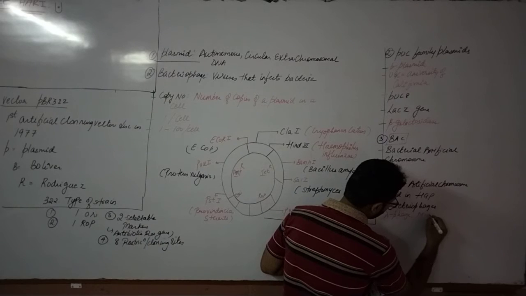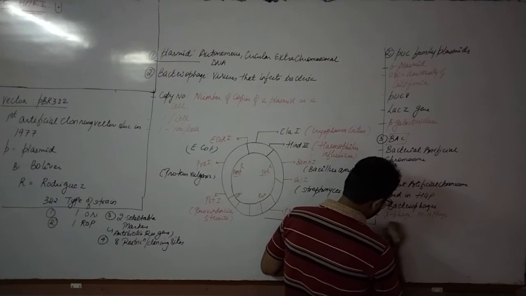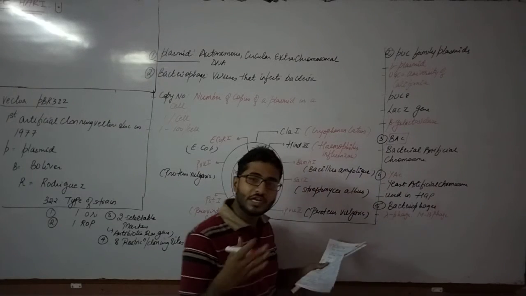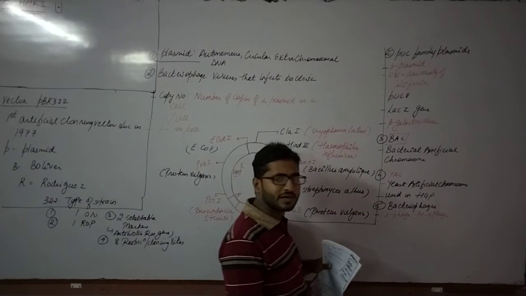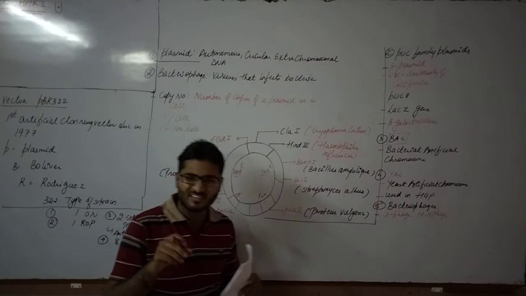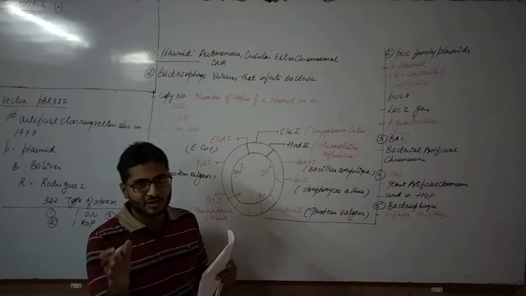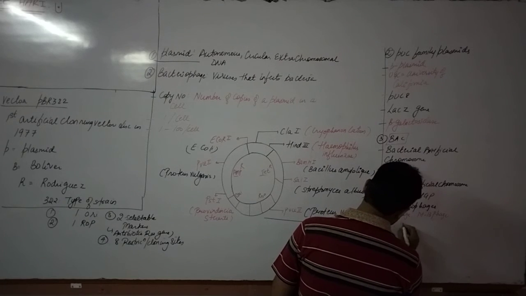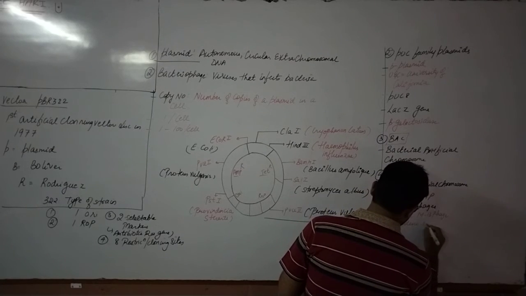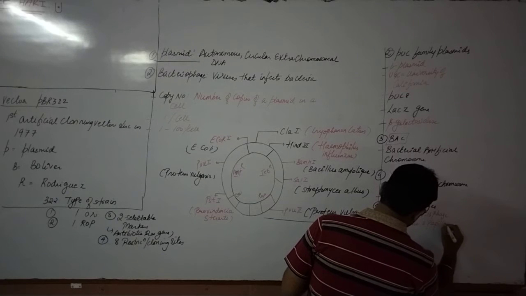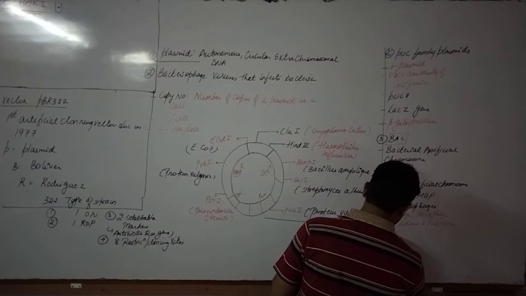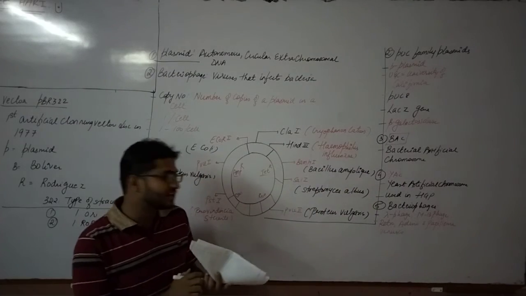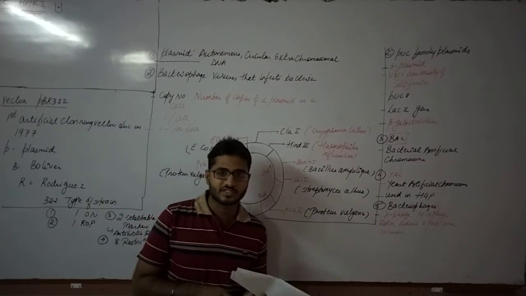Then in the category of the viruses, we have retro, adeno and papillomaviruses, which can also act as vectors because they have the capacity to transform normal cells into cancerous cells.